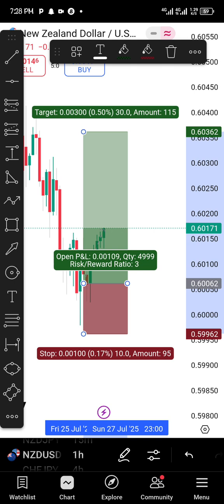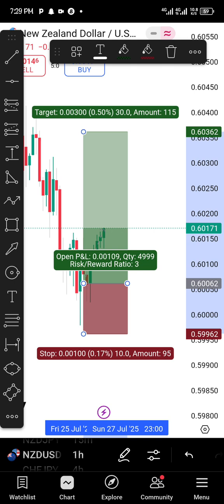Now if you look below, you can see the stop. The stop here, if you follow the red section, you're going to see 10.0. That 10.0 is the amount in pips you are willing to lose, which is the risk you are entering the market with.